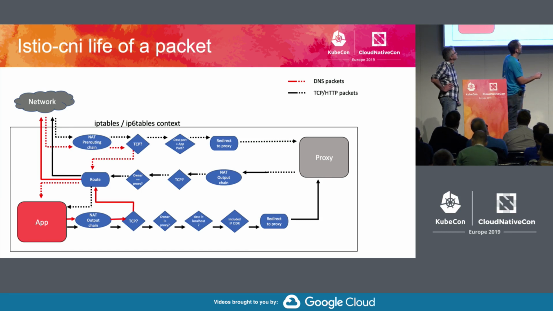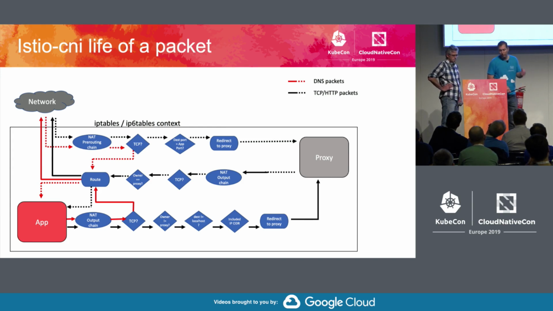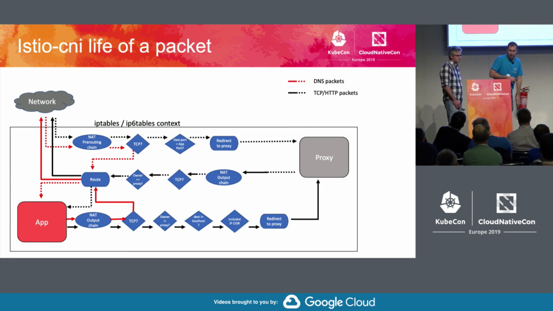And then the proxy is going to do its thing, and then send out through the same NAT output chain, but it's going to fall under that rule where the PID is actually matching the proxy. And we hit the route, and it goes to the network. So it relies on the ability to see the PID for that proxy, the redirect target, and then the rest of it's basically just port catching.